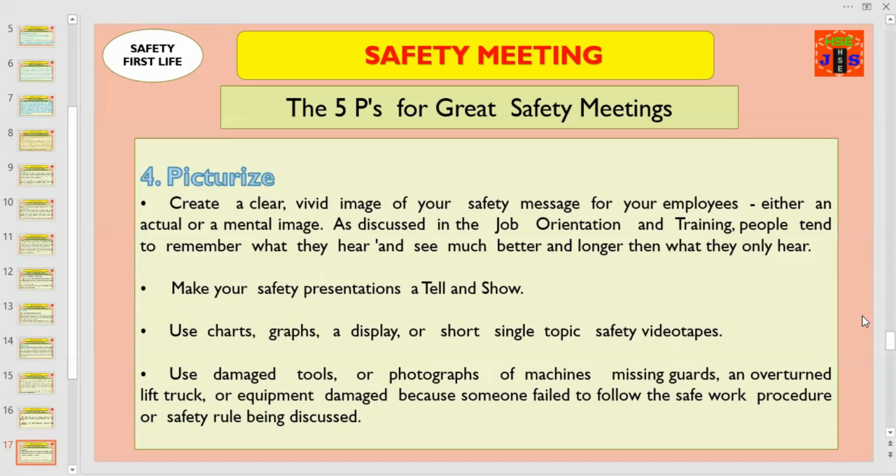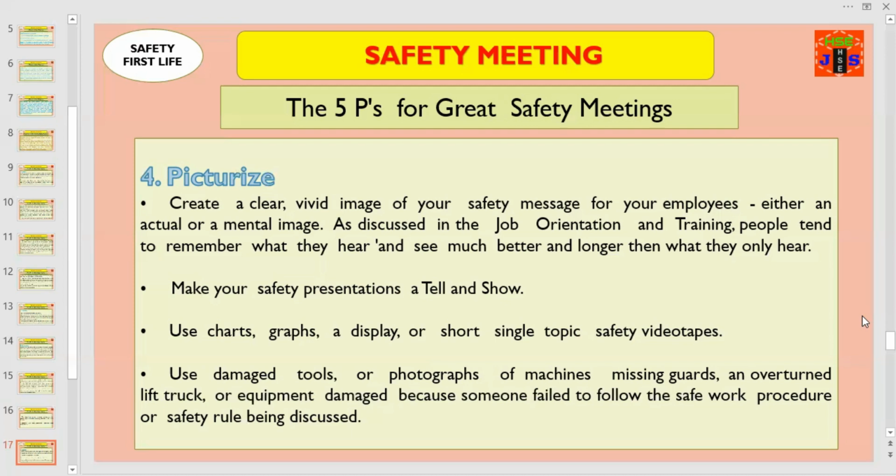Use damaged tools, photographs of a machine with missing guards, an overturned lift truck, or equipment damaged because someone failed to follow the safe work procedure or a safety rule being discussed, or maybe the safety devices were bypassed. Once you show such photographs, videos, charts, graphs, or practically the damaged tools.